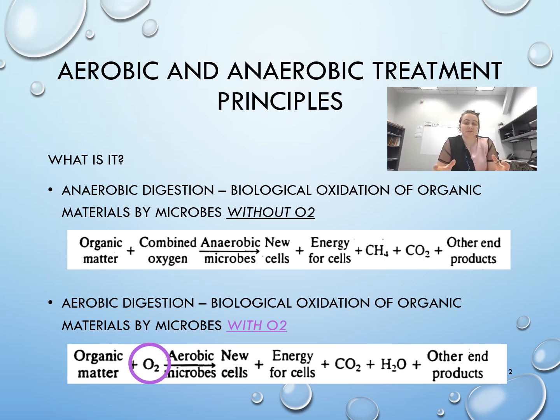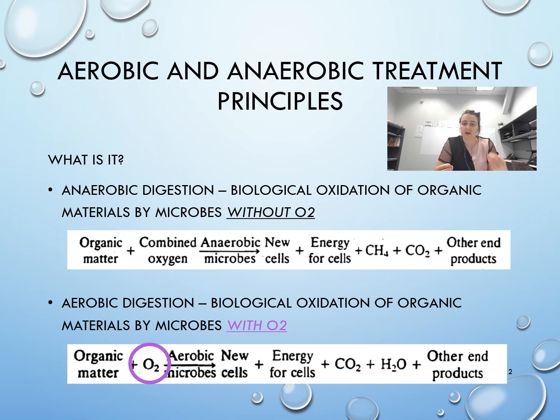So there's two types of digestion that we can use. We can use anaerobic digestion or aerobic digestion. So if it's been a while since biology, just focus on the fact that anaerobic digestion is the oxidation of organic materials by microorganisms that don't need oxygen. So they're going to take organic material, they're going to take oxygen that's in other sources, so things like other compounds, but not oxygen itself as we think of it as O2.